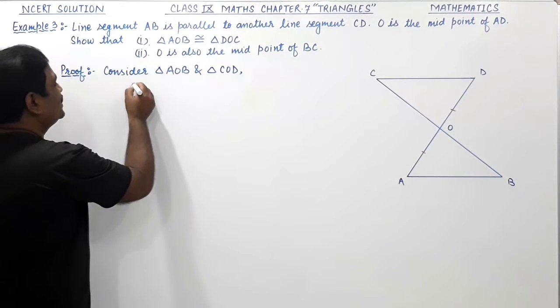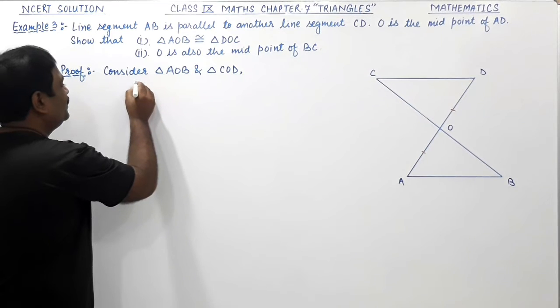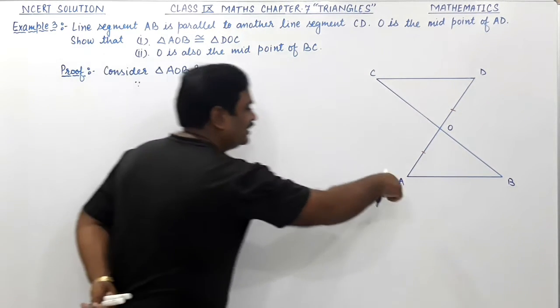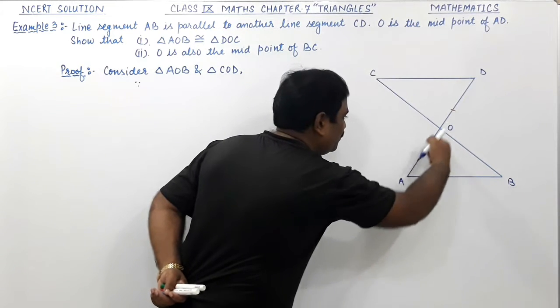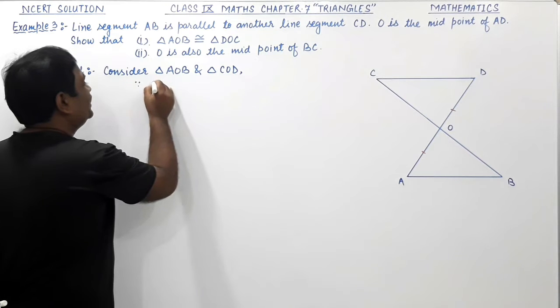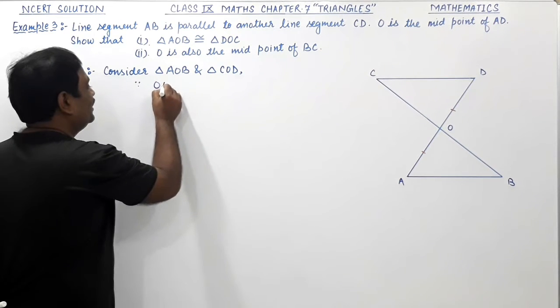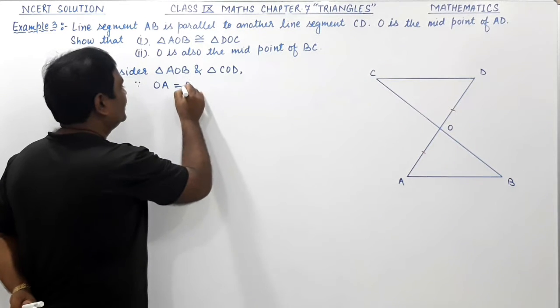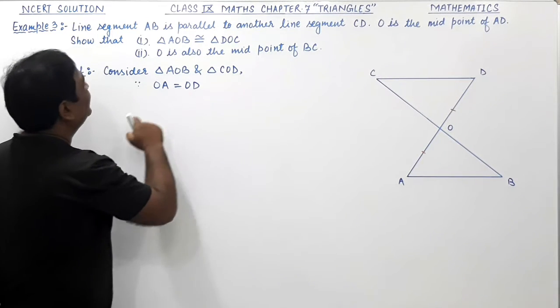First, in triangle AOB, OA is equal to OD. In triangle AOB, OA, and in triangle COD, OD, they are equal. Why are they equal?